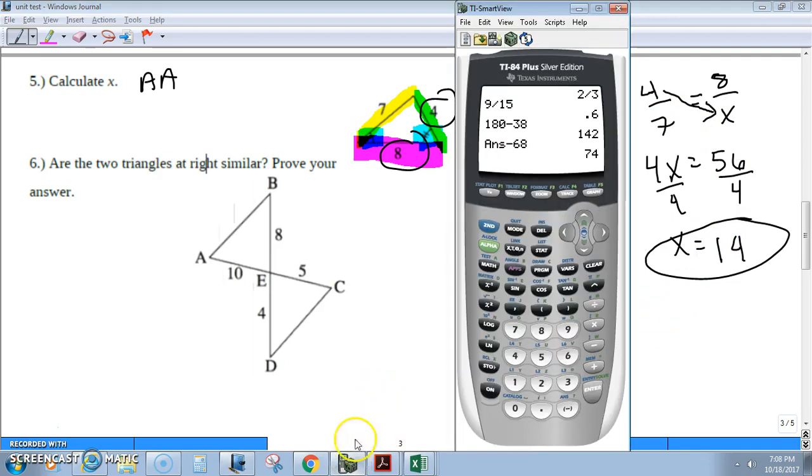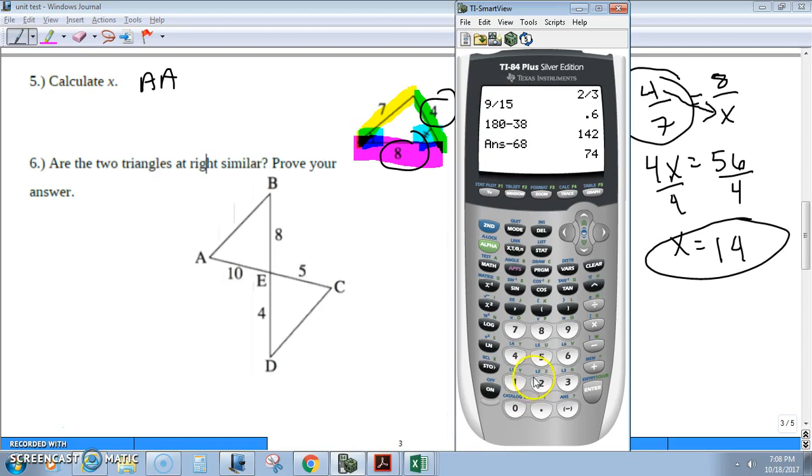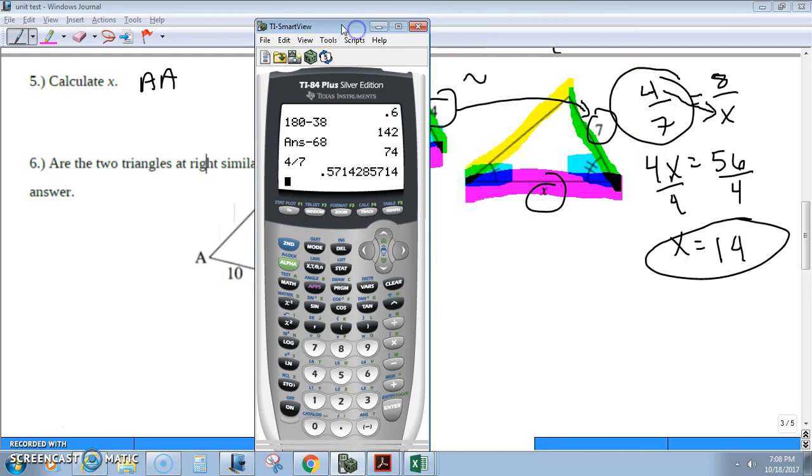You could also have tried to figure out what is 4 divided by 7. And if you did that, 4 divided by 7 is 0.57. Oh, that's not actually what I wanted to do. I wanted to do 7 divided by 4, you guys. I'm sorry. 7 divided by 4, you could figure that out as 1.75.